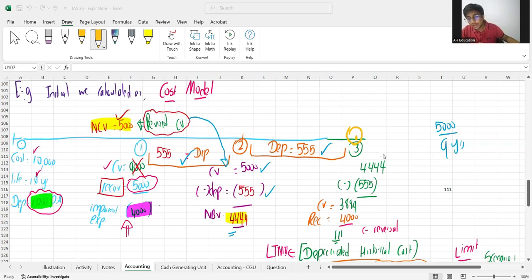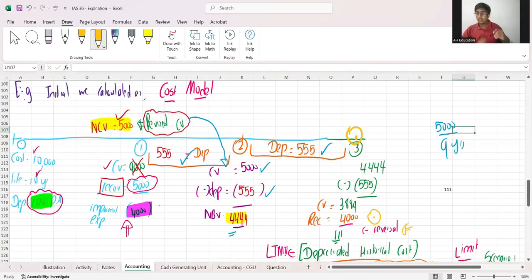But in year three, instead of falling, your market value increased, right? And we have learned that if your market value is more than your carrying value, then you need to do a reversal of impairment.